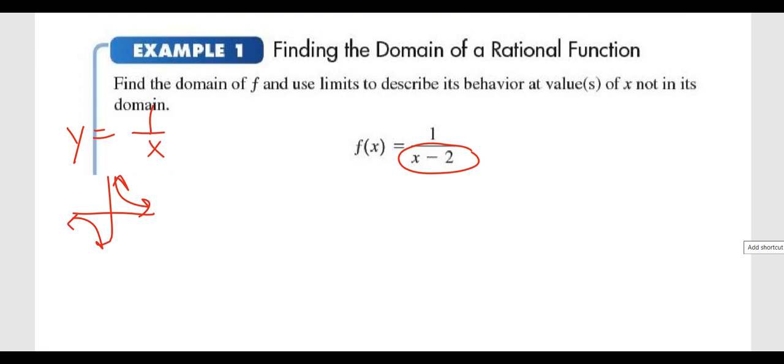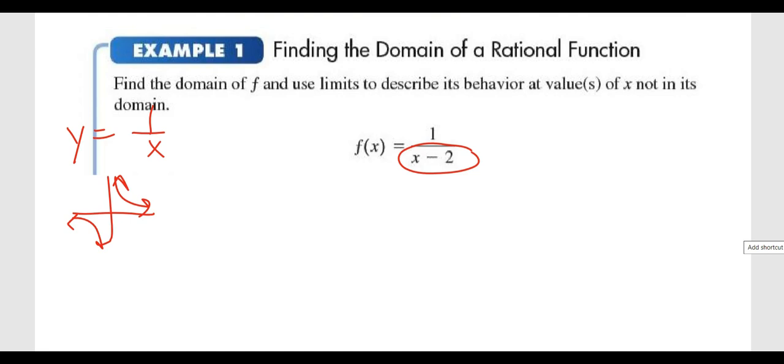What's going on with this one? You don't need a calculator for this. You just need to think. What is that x minus 2 doing in the denominator? Moving it which way?